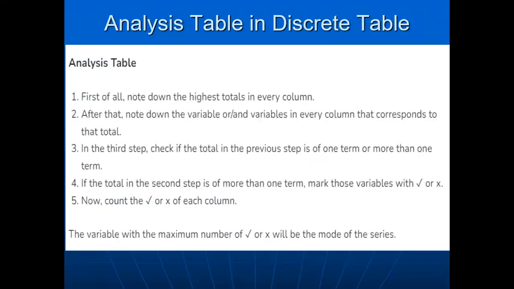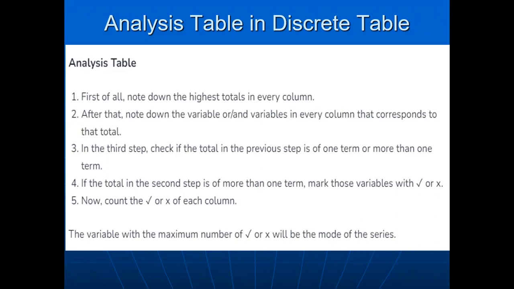So next we'll take up the analysis table. First of all, note down the highest totals in every column. After that, note down the variable or variables in every column that correspond to the total. In the third step, check if the total of the previous step is of one item or term, or more than one item or term.